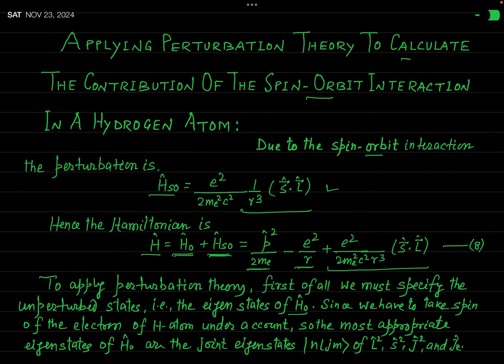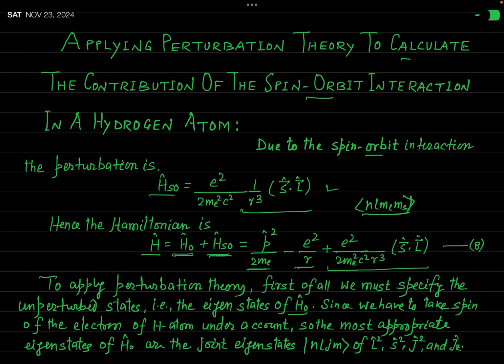Actually, to specify the eigenstates of the unperturbed Hamiltonian H naught, we have two choices. In the first choice, the joint eigenstates are written like this: n, l, m_l, m_s.